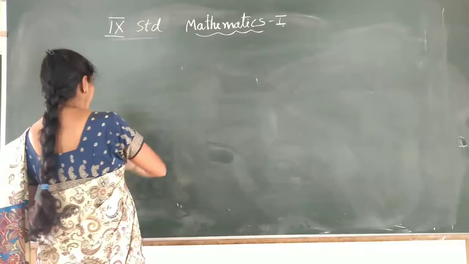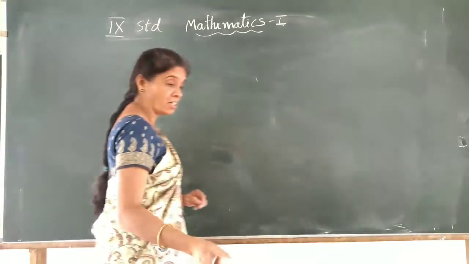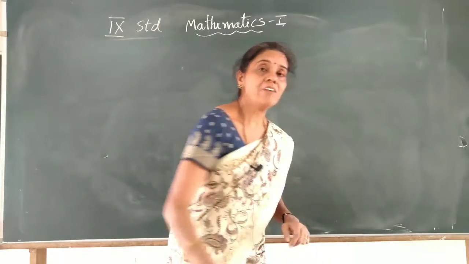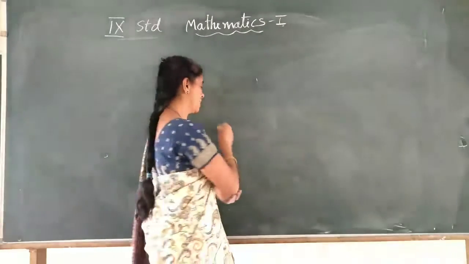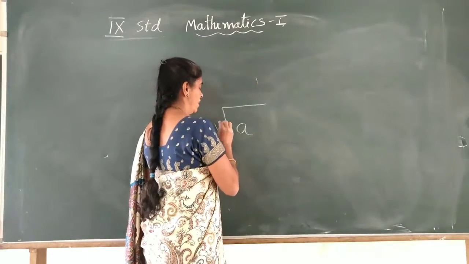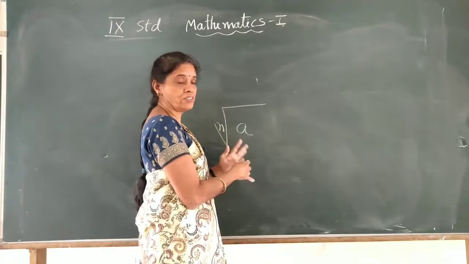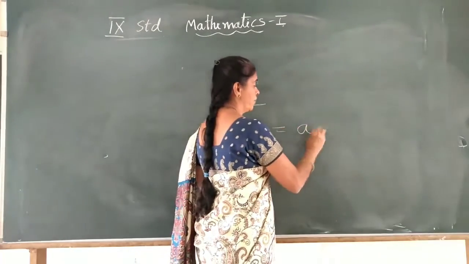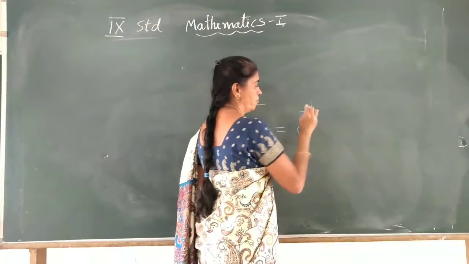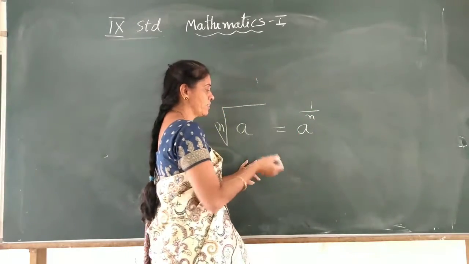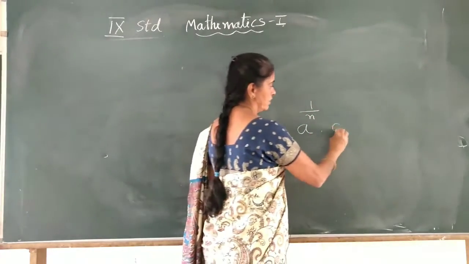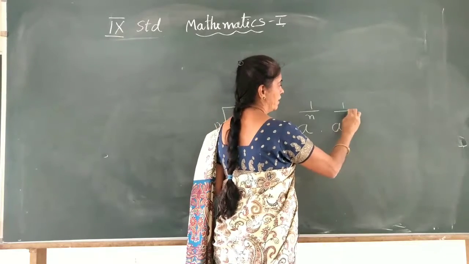Now what about these root numbers? Can we apply the rules when we express the square root, or the nth root of a? How do we write it? A to the power of 1 by n. Now we may have some other numbers, say m or n, 1 by m.